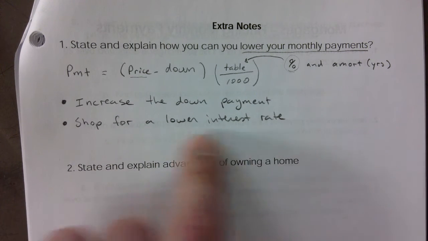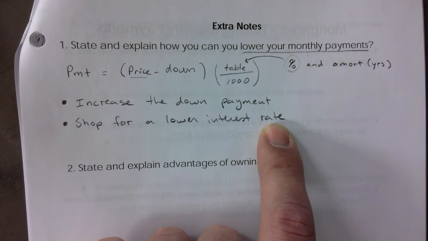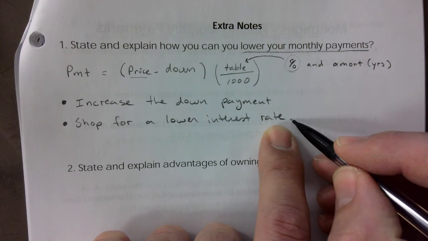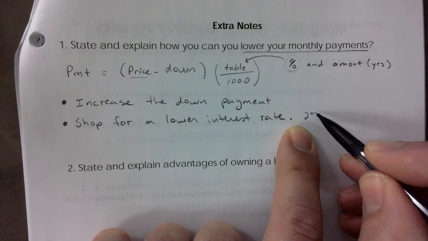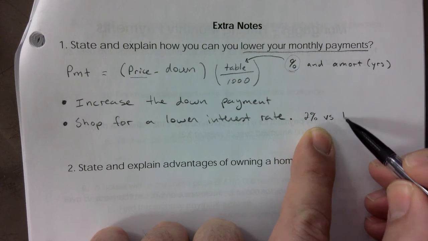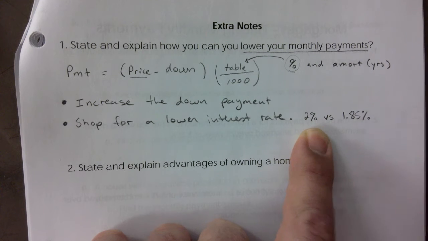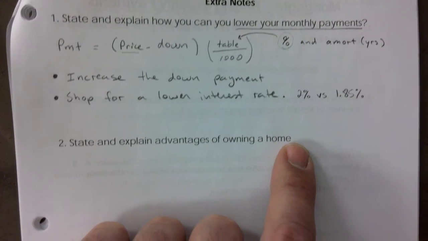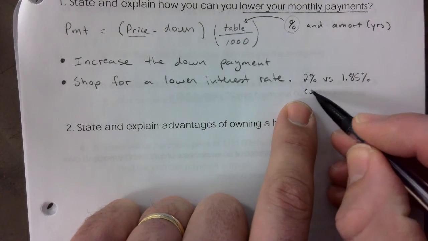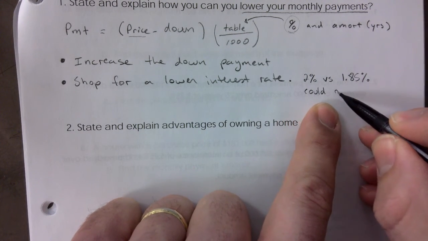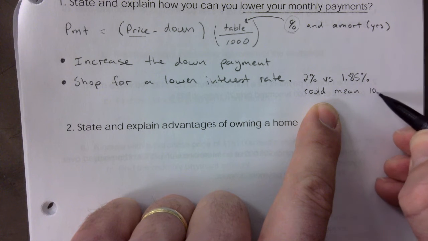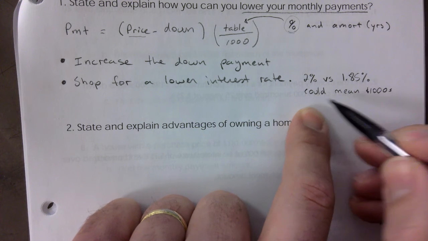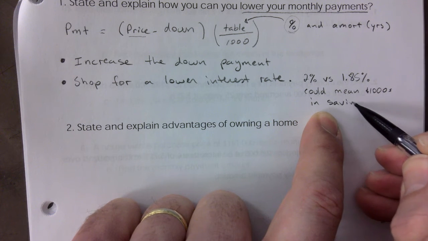But you can go shop around, because sometimes the difference between, let's say, a mortgage at 2% versus 1.85% could mean thousands of dollars in savings over 5 years.